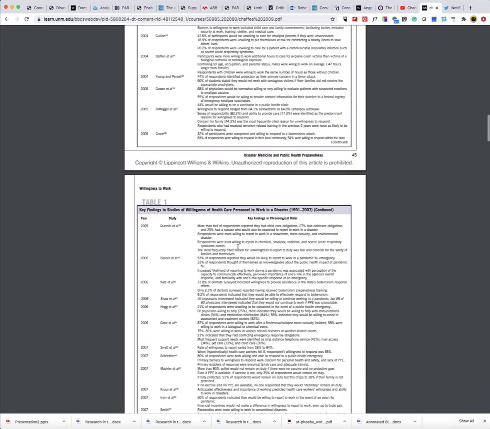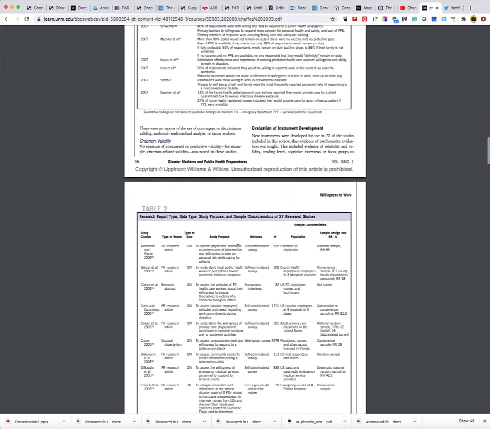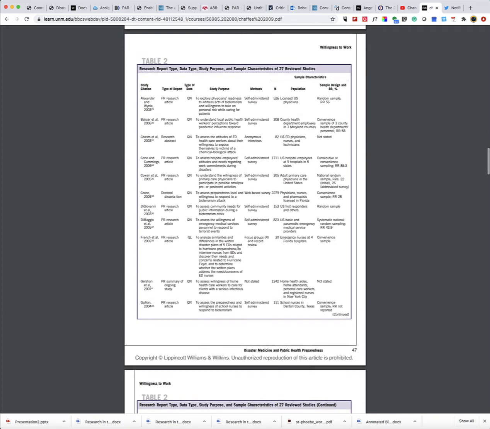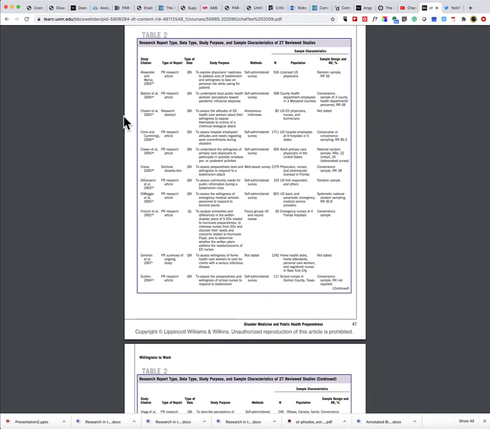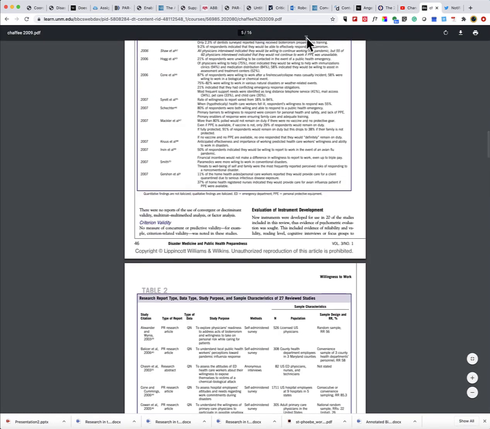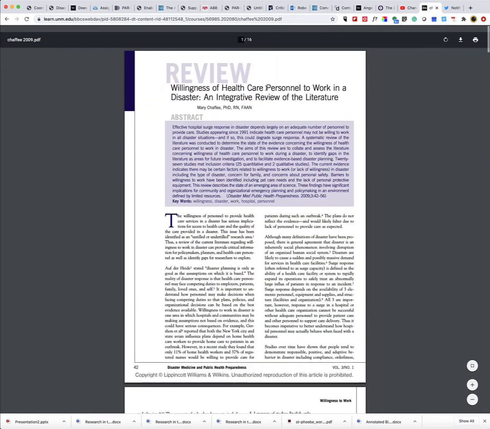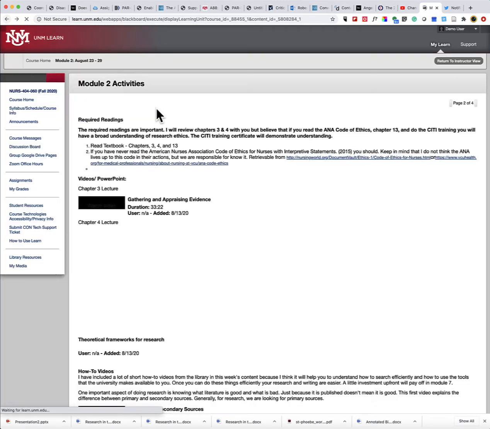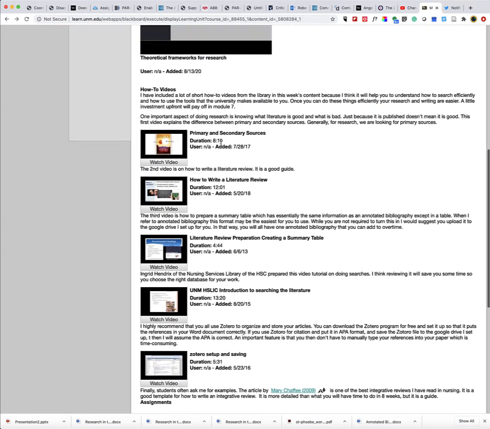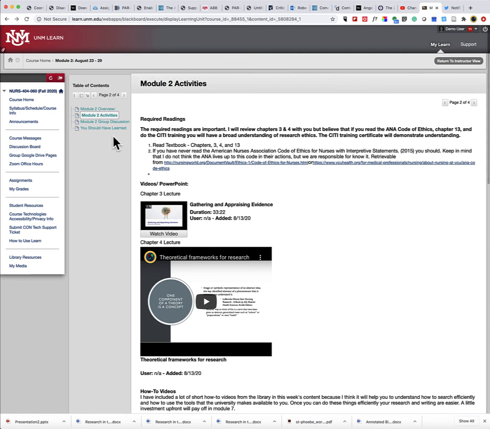This is some good examples of what really nicely formatted tables should look like. And again, you all have access to this. And I think that if you go into your learning management systems, you go back to Module 2 and you pull that up, you will find that it is very useful and very helpful to you, to the work you're doing.